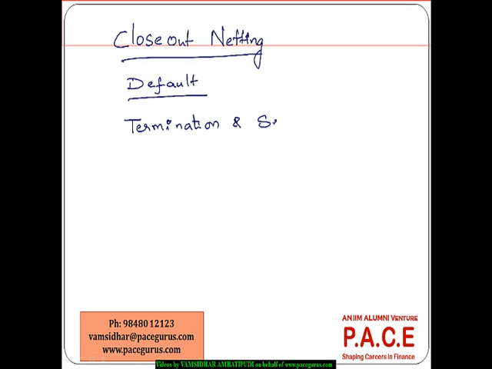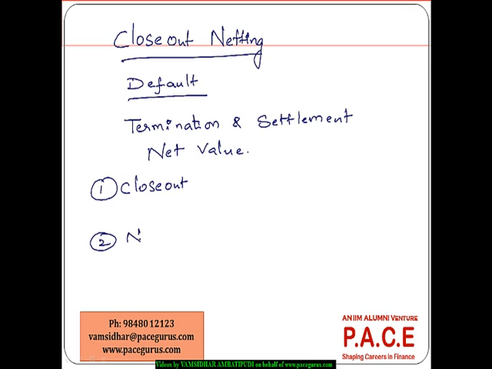In case a counterparty defaults, we are talking about a timely termination and settlement of the net value of all the trades with that particular counterparty. So here we are talking about two words, one being closeout and two being netting. Two important words in this context.